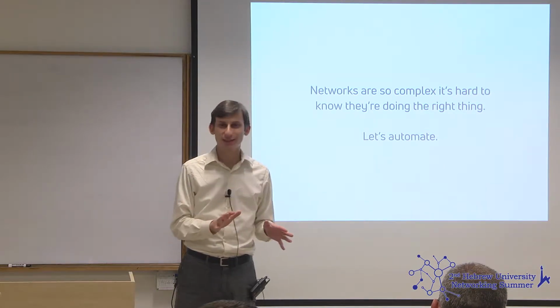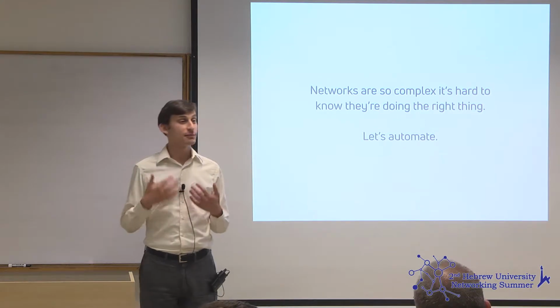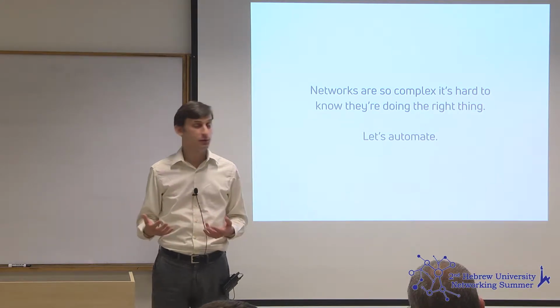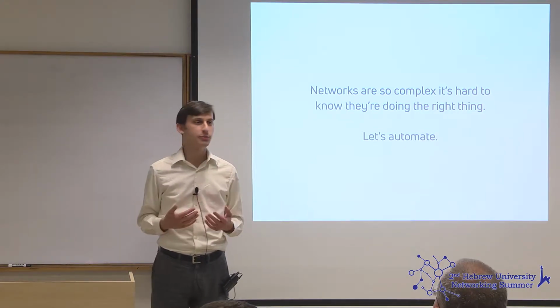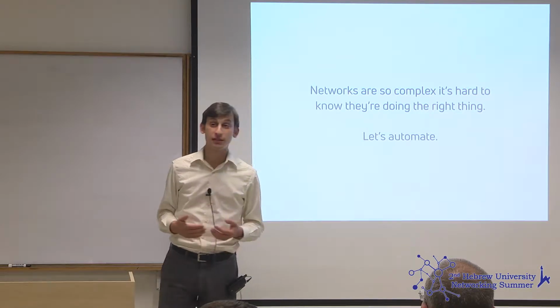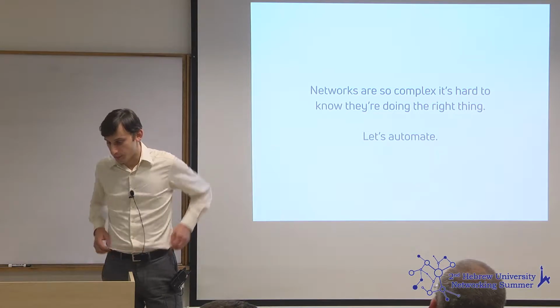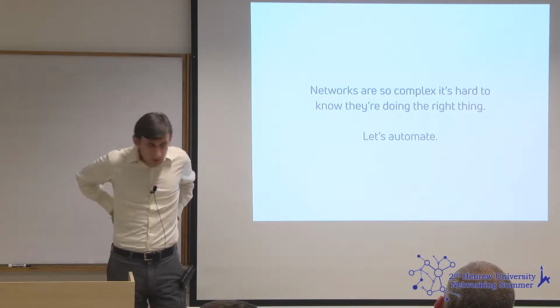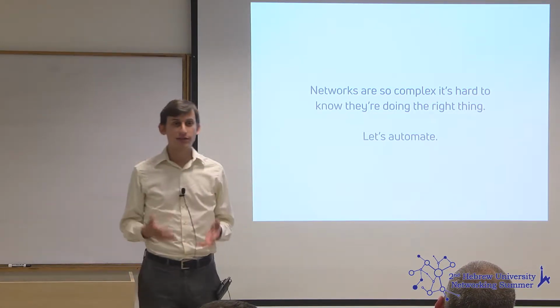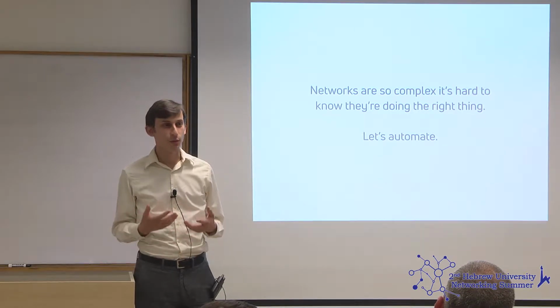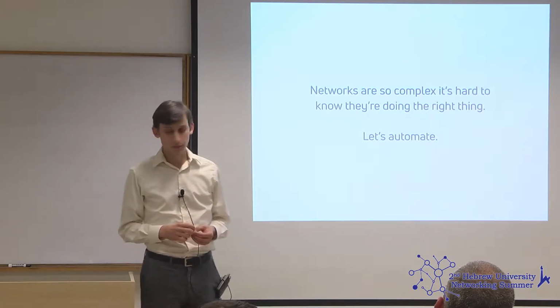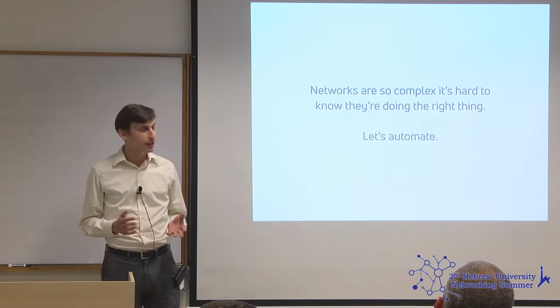I'm not going to change it, right? That becomes harder and harder as the network becomes more complex and as enterprises want to move more quickly in terms of changing and advancing what their network can do. So now we're at the point that it's just hard for humans to understand with any confidence what the network is doing. So let's automate.